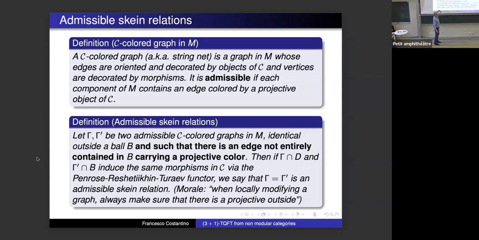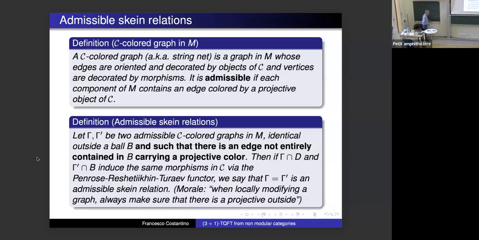And I consider these graphs up to isotopy and up to one relation, which is the skein relation. Now, probably you've already seen what a skein relation is. It is something happening in a ball. Here, for instance, I see this diagram in a ball. Suppose that I have another diagram which, outside of the ball, is the same graph, but inside the ball it's another graph with the same boundary. It may be more complicated, but it turns out that if I do Reshetikhin-Turaev of this part and this part, I get the same result. So suppose RT of this is equal to RT of this.